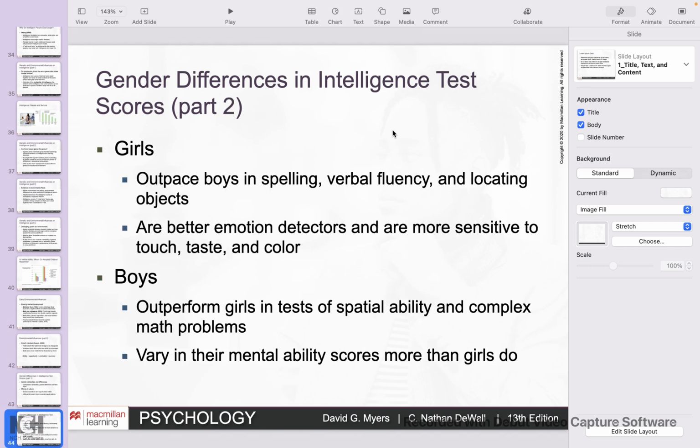Girls outpace boys in spelling, verbal fluency and locating objects. Girls are better emotional detectors and are more sensitive to touch, taste, and color. Boys, on the other hand, outperform girls in tests of spatial abilities and complex math problems, and boys vary in their mental ability scores more often than girls do.